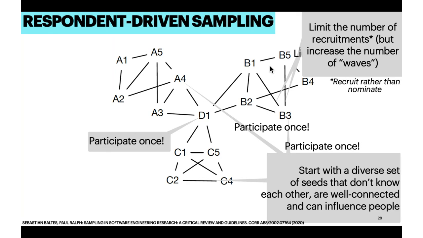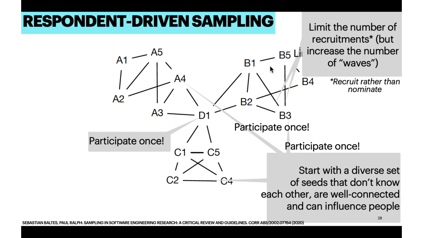explore this graph. And another point we need to keep in mind is that if B3 recommends us B2, B1, B5, B4, and so on, we are still stuck in this B space.